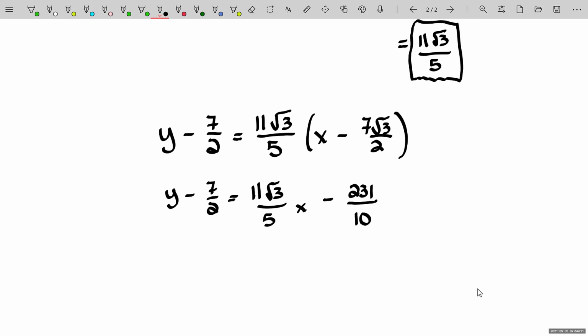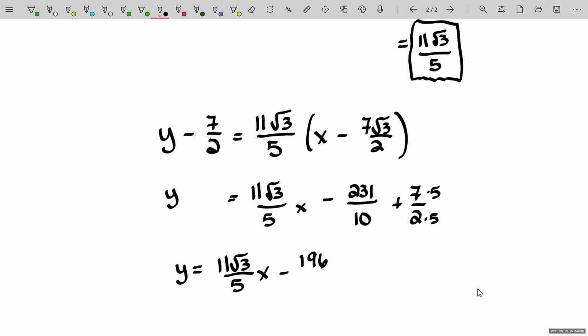And then I would add 7/2 to both sides. I get negative 196. So therefore y is equal to 11 root 3 over 5x minus 196 over 10. However, 196 is divisible by 2, so I might as well clean that up. That's 98/5.